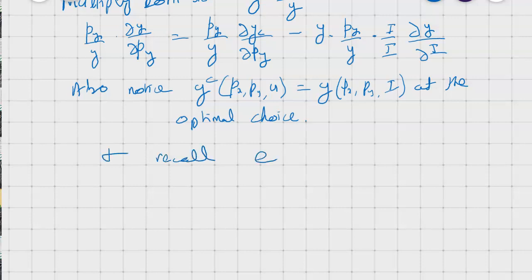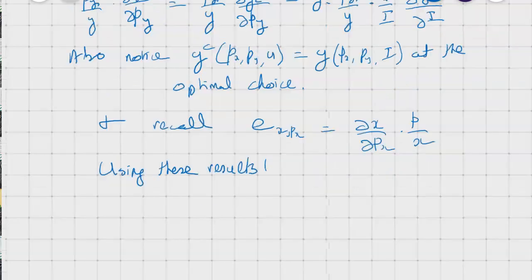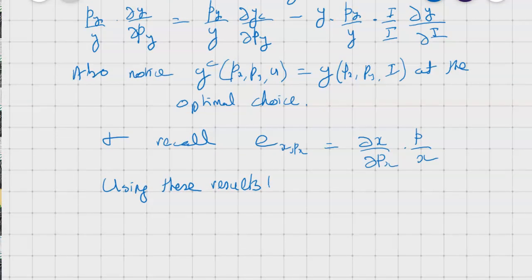And we can rearrange this and write this in a cleaner way as elasticity of X with respect to Px is simply del X over del Px times Px over X. So we will use both these results in our equation, and then we can see how we can simplify this a great deal to get the Slutsky equation in elasticity form.